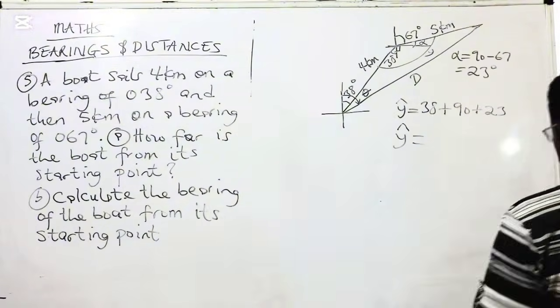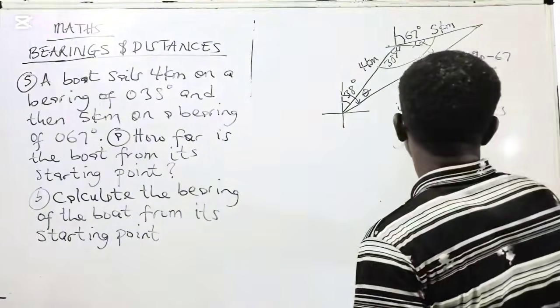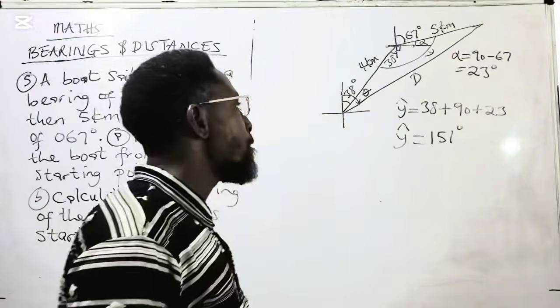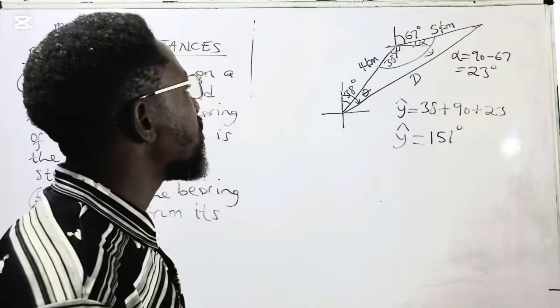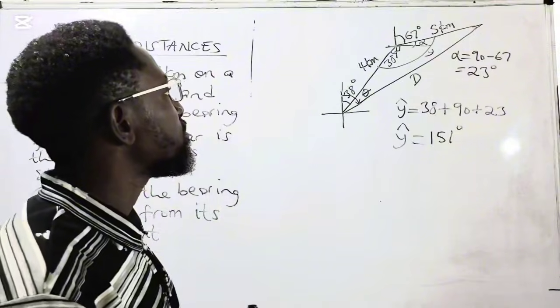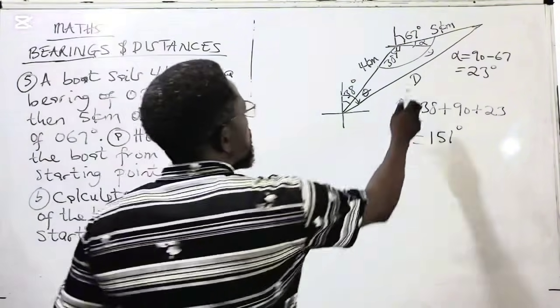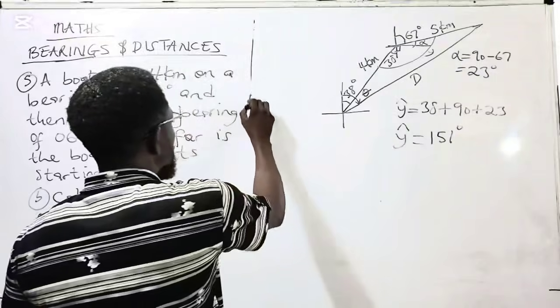So that will give 151 degrees. So now that I have that angle, I can now calculate the distance using the cosine rule.